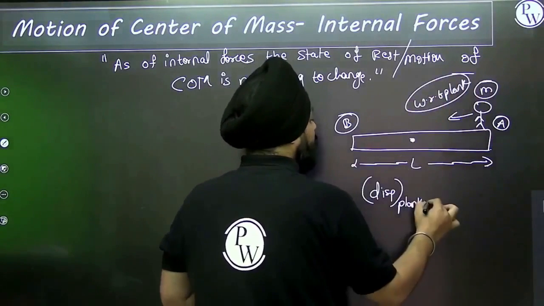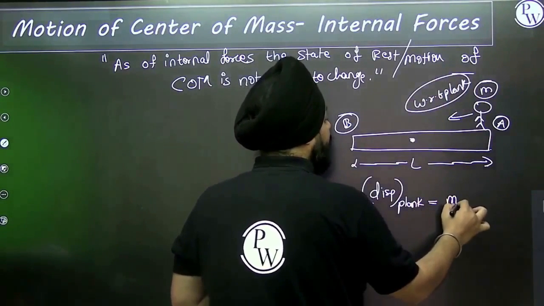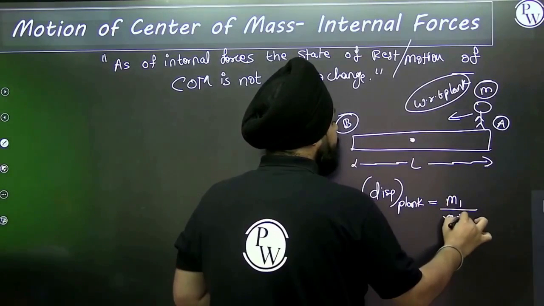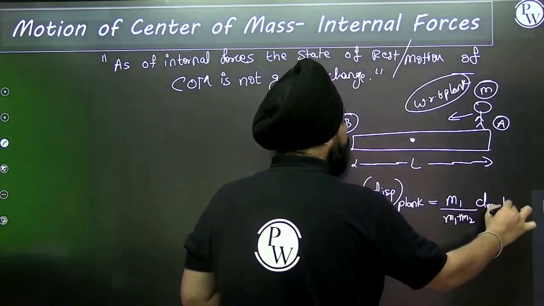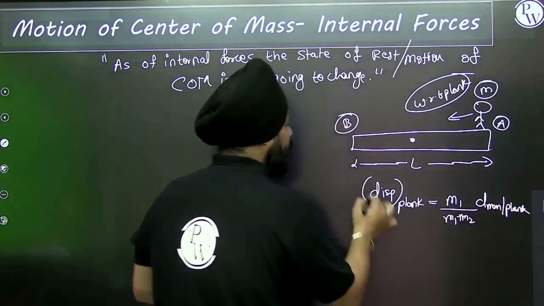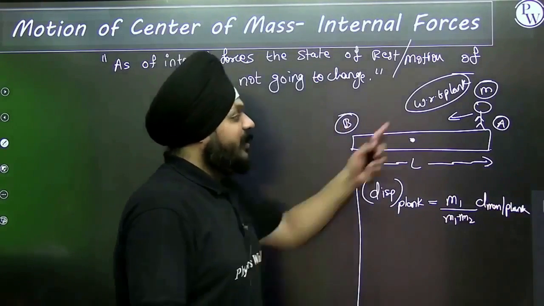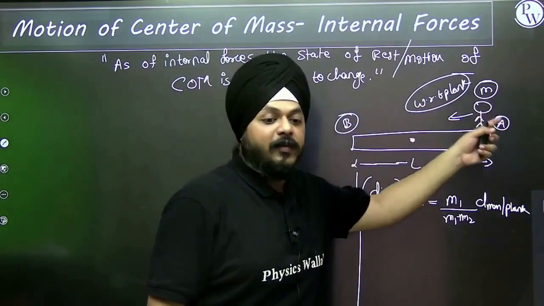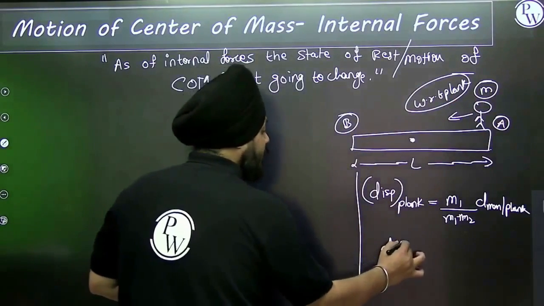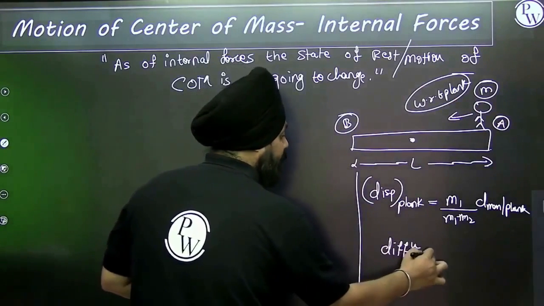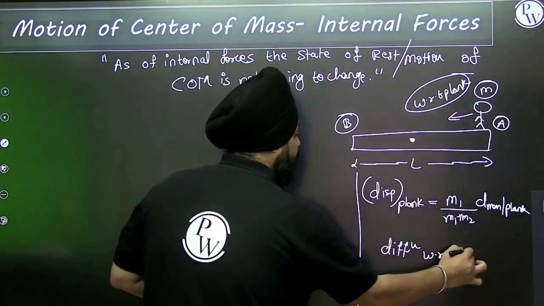So we have the mass of man, that is m1, plus m2, times the displacement of man with respect to the plank. Suppose he is moving with velocity v with respect to the plank. Let's differentiate this equation with respect to time.